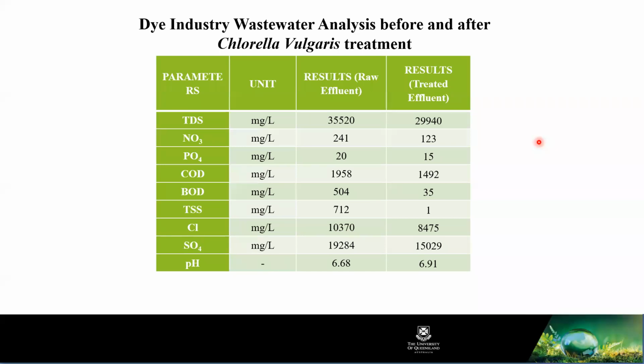BOD, again, not much like the previous case, but significant reduction. TSS, yes, significant. Chloride, sulfite, a little bit, and pH improvement near to neutral. So this algae is not the preferable one for that particular effluent, whereas Scenedesmus is looking very sound for that effluent, especially for the industry.